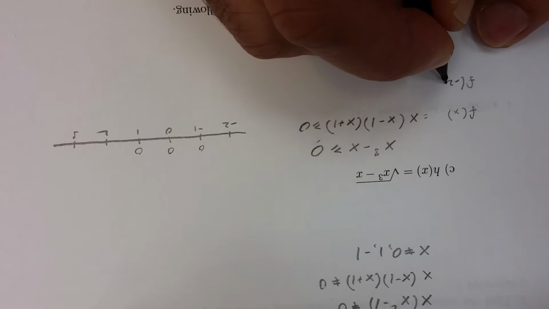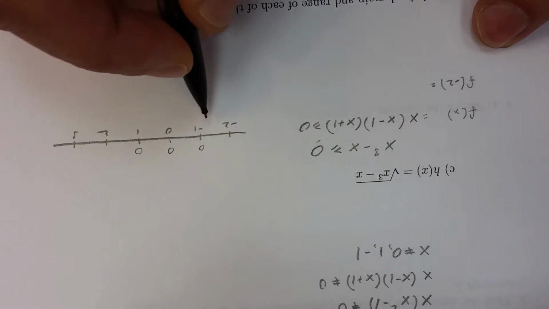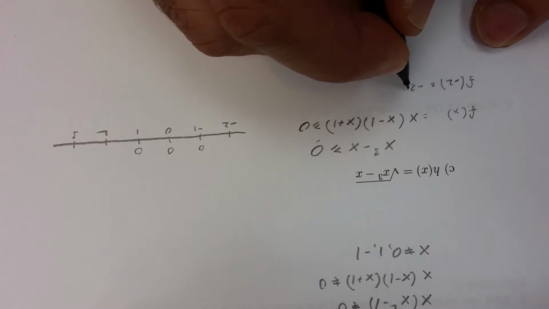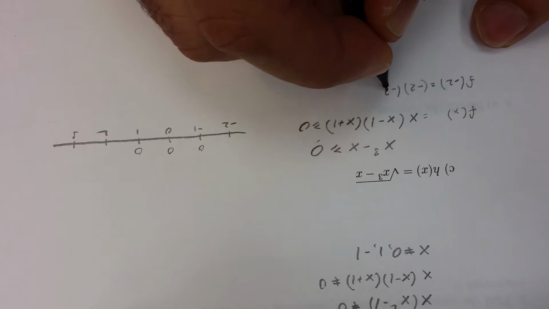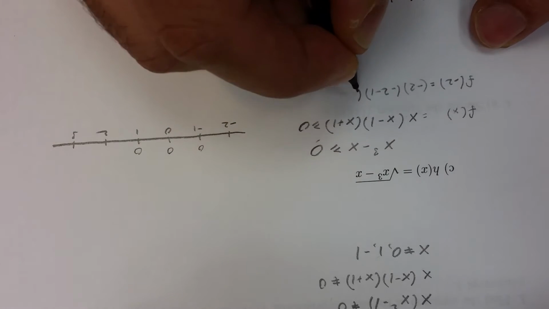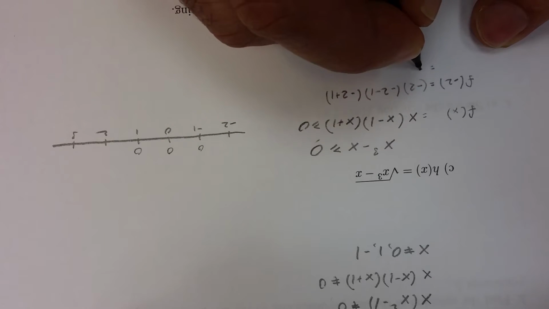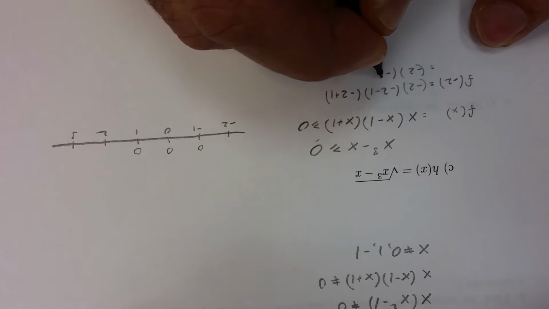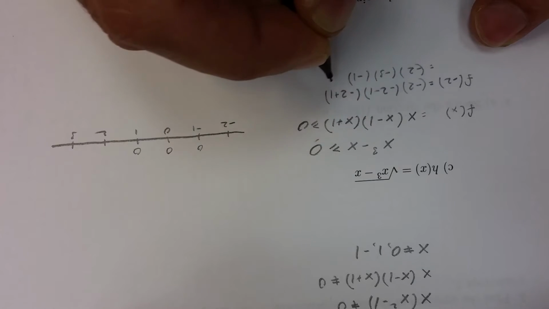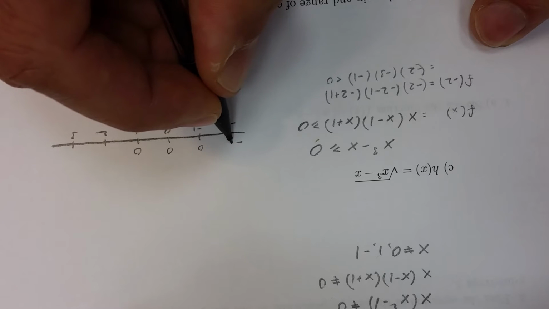So f of minus 2 is equal to minus 2 times minus 2 minus 1 times minus 2 plus 1, and that's equal to minus 2 times minus 3 times minus 1. 3 minuses multiply to give you a number less than 0. It's negative over here.